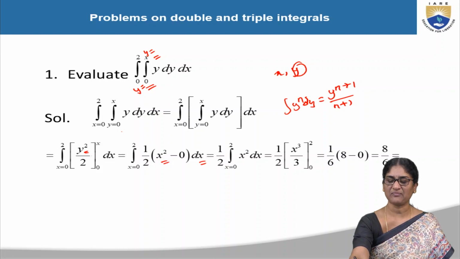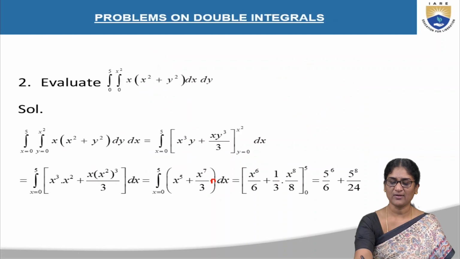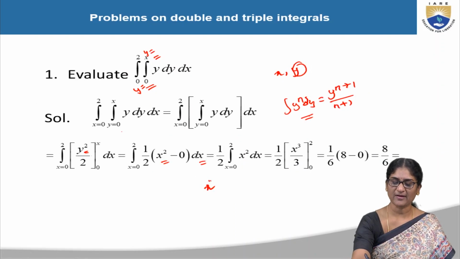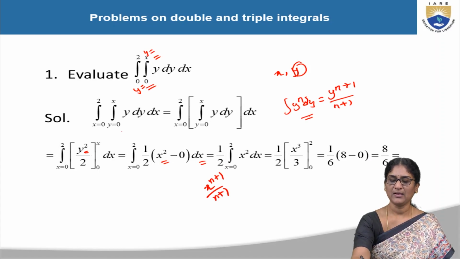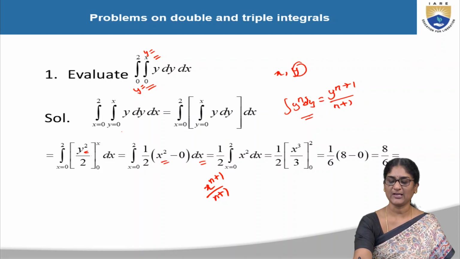Now use the same formula: the integral of x to the power of n is x to the power of n plus 1 divided by n plus 1. Using this formula, the integral of x squared is x to the power of 2 plus 1, that is x cubed, divided by 2 plus 1, that is 3.